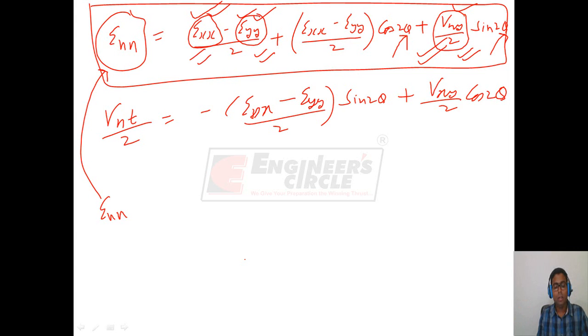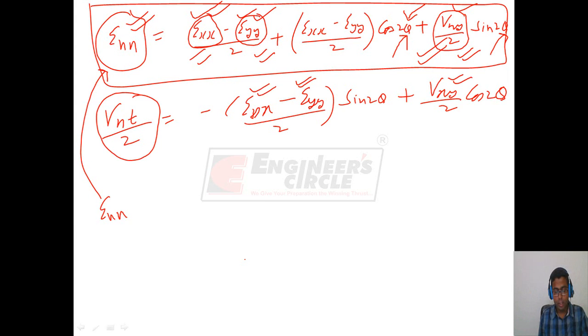Now, since we have found the value of epsilon xx, epsilon yy and gamma xy, we can now find the value of epsilon nn, that is strain along any nth direction, by simply putting the value of angle theta. And the shear strain can also be found at that point by putting the values of epsilon xx, epsilon yy and gamma xy.